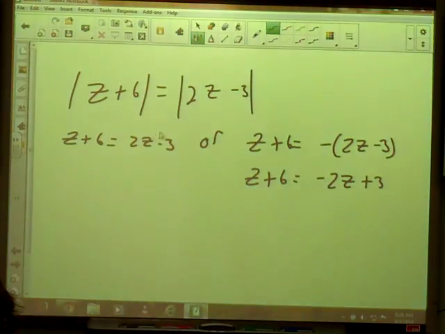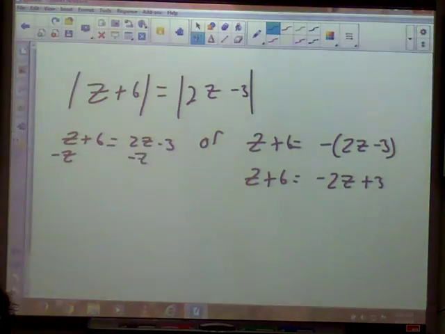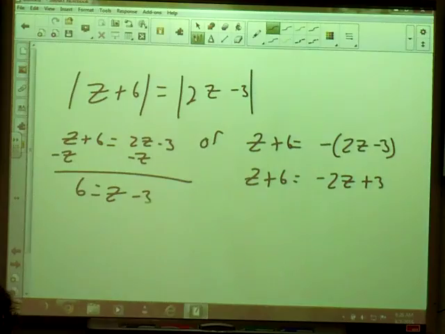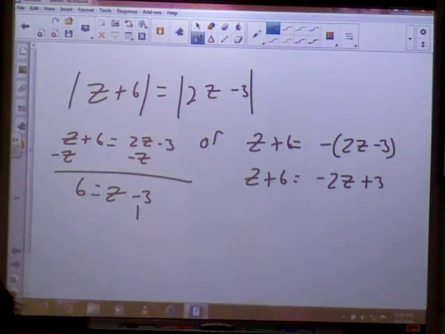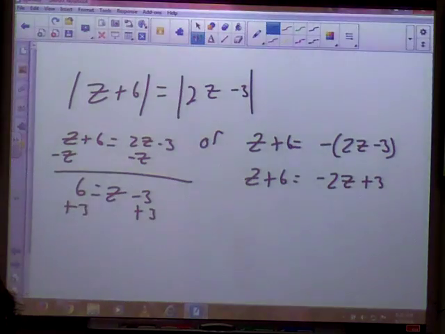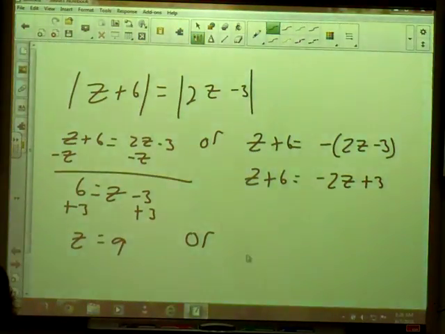Okay, so over here, let me solve the left side first. What do we do? Subtract z, Angie said. So that gets me 6 equals z minus 3. So then what does she have to do? Add 3. And z equals 9. Okay, what do you want to do on this side?